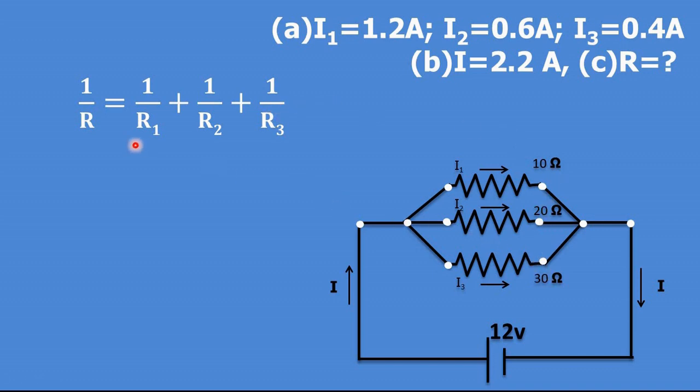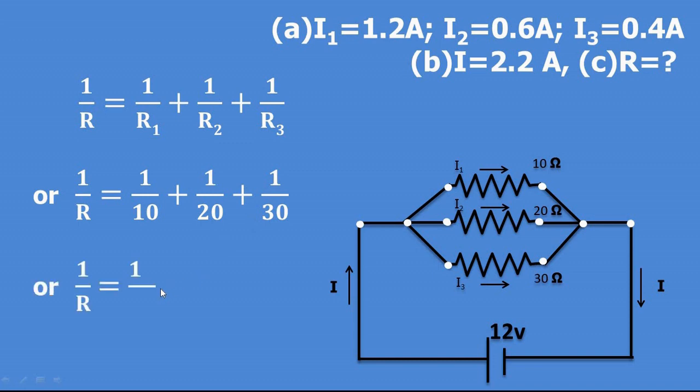We simply put here 10, 20, 30 respectively. So 1 by R equals 1 by 10 plus 1 by 20 plus 1 by 30, which is equal to 11 by 60. And simply, the value of R equals 5.45 ohms. 5.45 ohms is the equivalent resistance of the circuit.